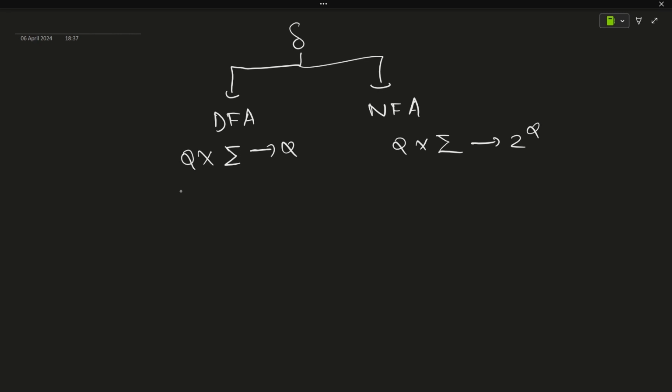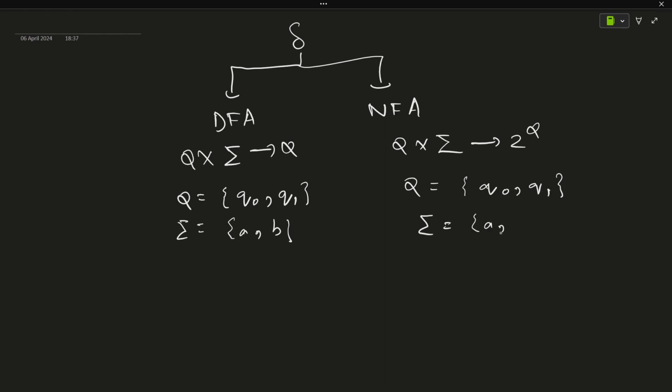Let's consider Q equal to q naught, q1. Q is the set of states, and sigma is the input alphabet. Cross is nothing but the Cartesian product of sets A and B. Q equal to q naught comma q1, sigma equal to a comma b.